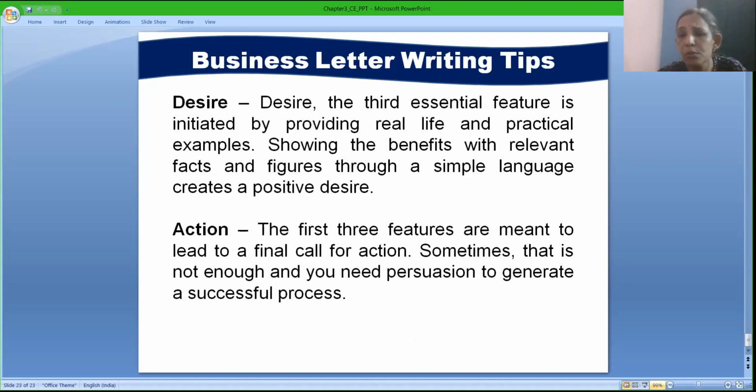If there is no enthusiasm to carry ahead with the call to action, with the follow-up action, the person will never proceed ahead. So always keep in mind that desire will be generated only when you add the right information, right facts, right figures, and that will trigger the person to act accordingly.